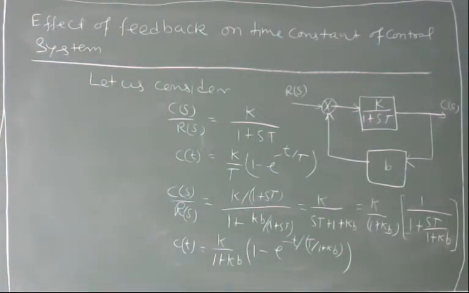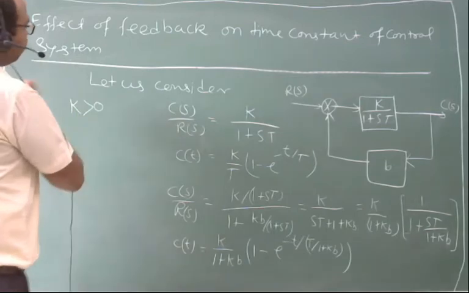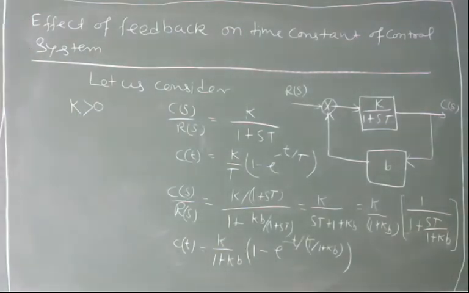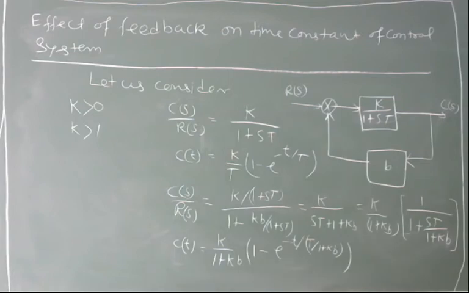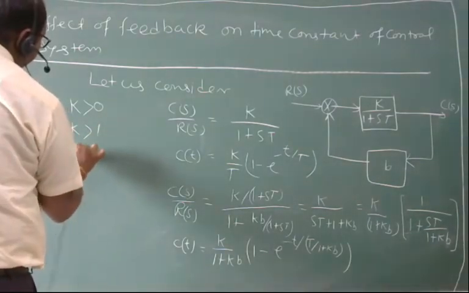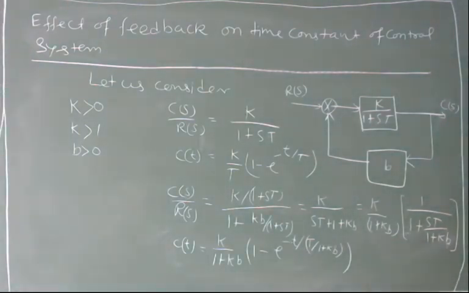This will be our C(t), or response of the system. Since K is the gain of the system, therefore K is always greater than 0. It is always positive. And if I take it greater than 1, and B, the feedback is positive, right?